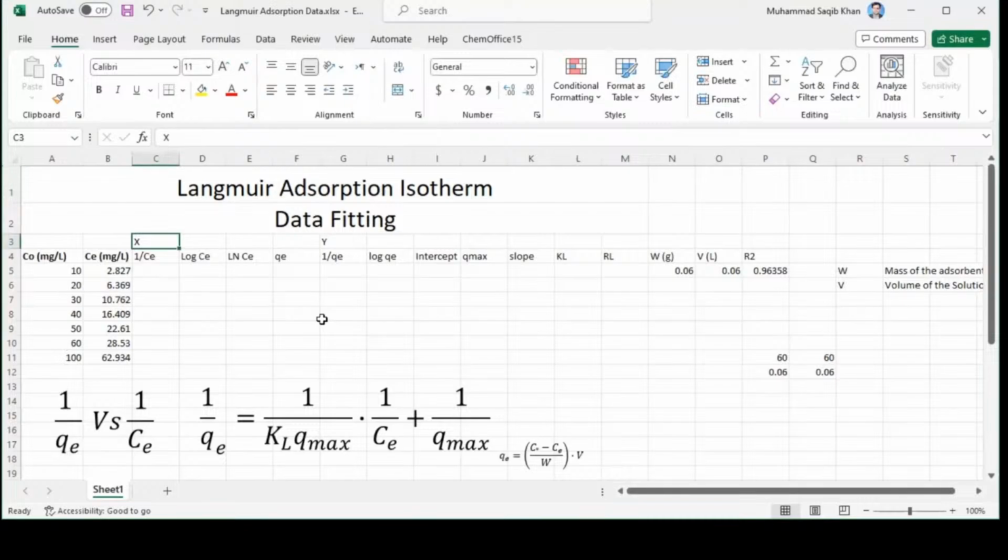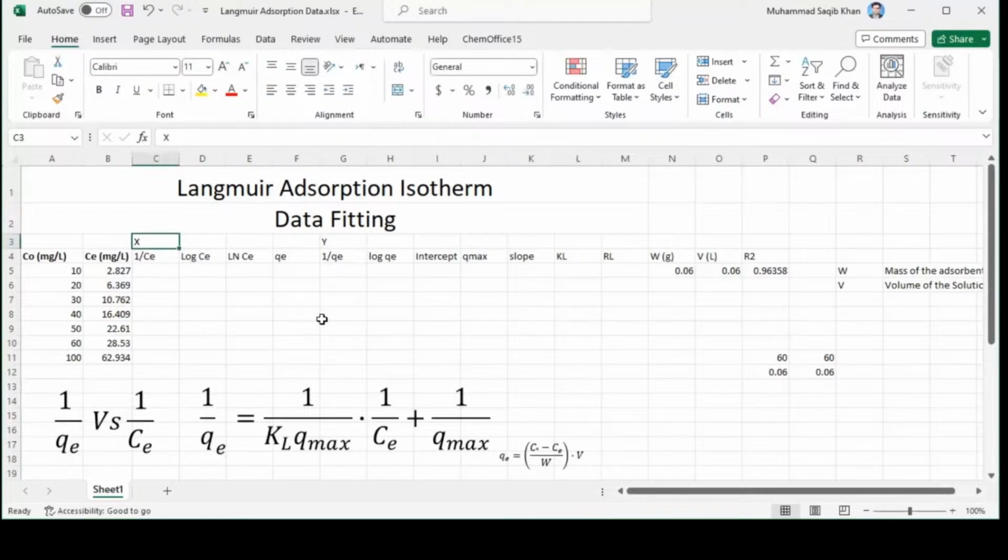This is not 1 over 1 plus this. These will be multiplied and then added with 1, and then this will be divided. So this is our formula. And now copy this to all concentrations.